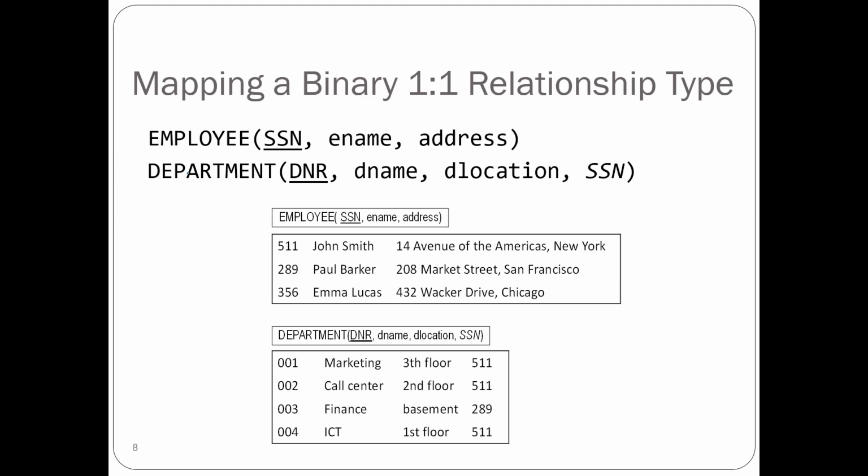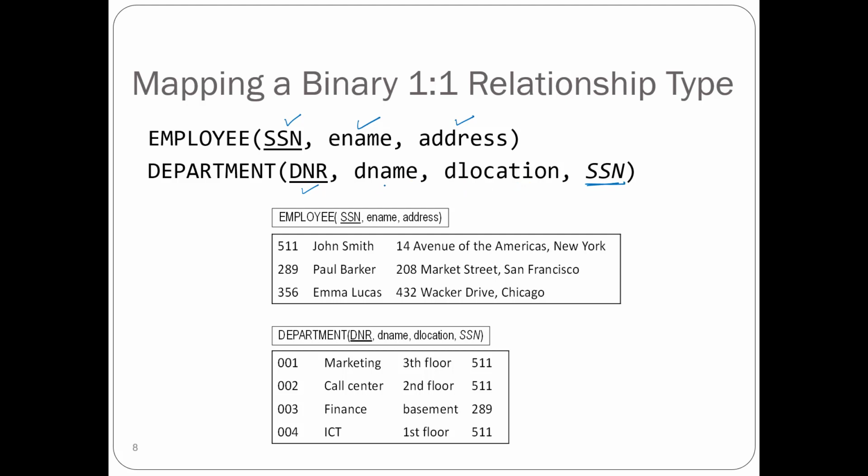Here, the social security number of the manager is now kept in the department relation. The employee relation is just the normal employee relation, with the social security number, SSN, employee name and the address. For department, you have the department number, department name and the location.